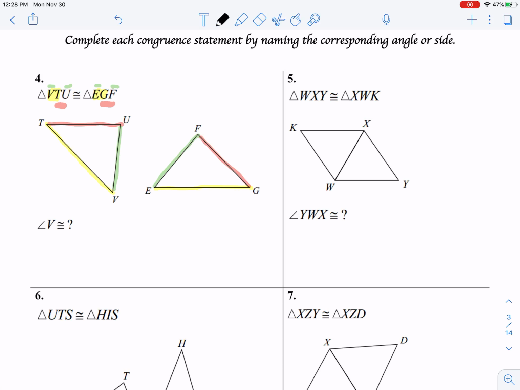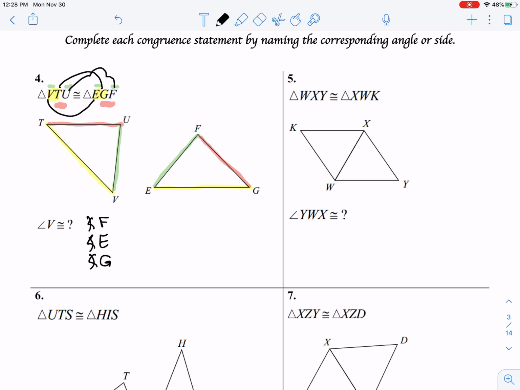Okay. Now from here, we say angle V. All right, we're told that they're congruent. Angle V is congruent to 3 options: angle F, angle E, or angle G. If you are told a figure is congruent, the first must go with the first point, the second with the second, and then the third with the third.